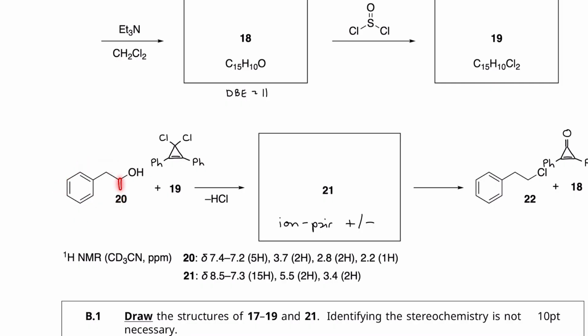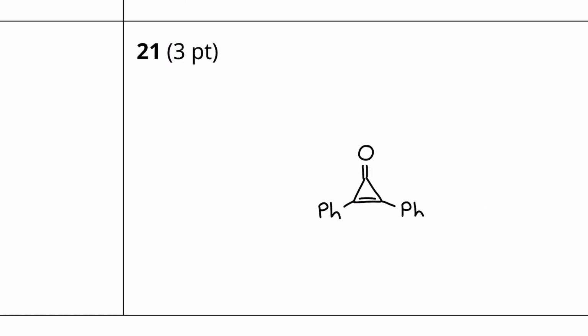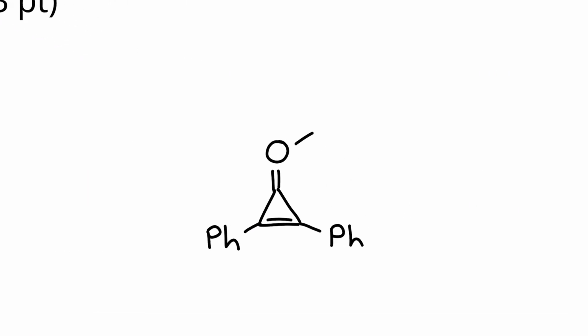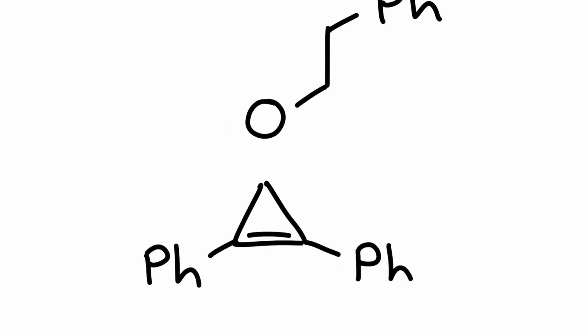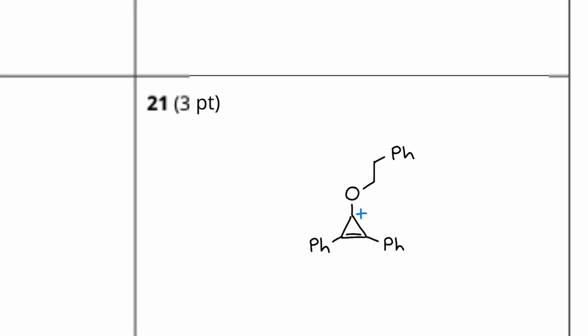So that's 1, 2 carbons, and then a phenyl group with a positive charge on the oxygen. But since it is aromatic, I'm just going to put the positive charge on the carbon instead and replace that with a single bond, to give the idea of aromaticity.